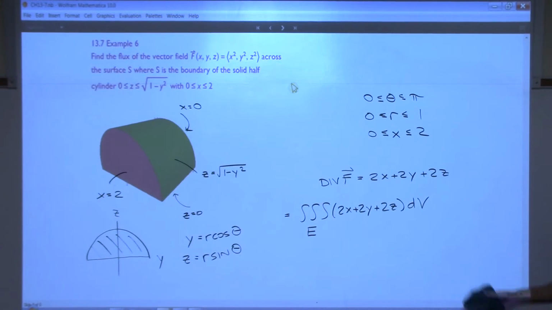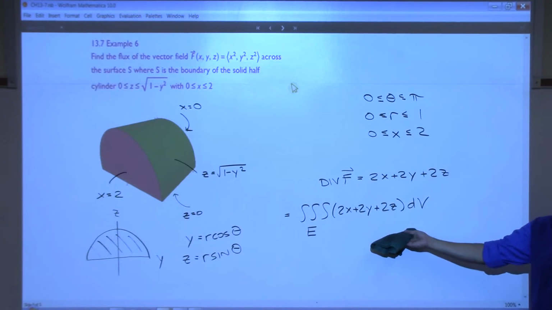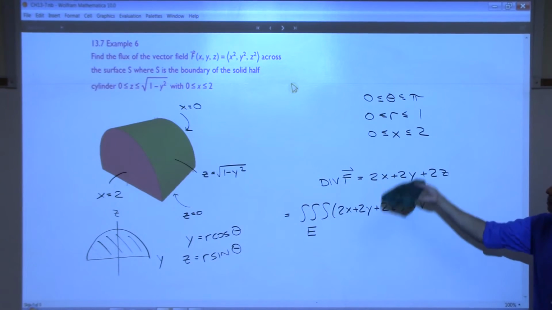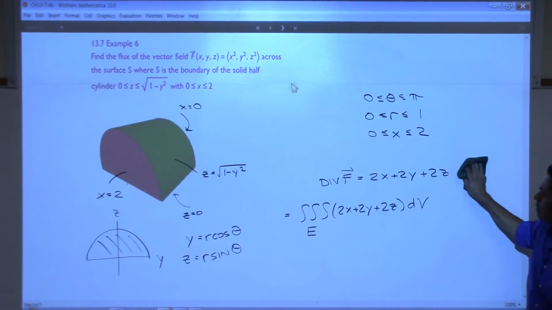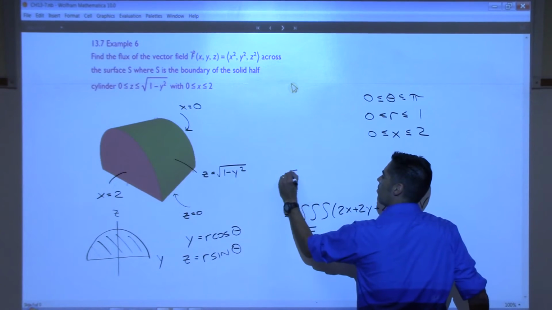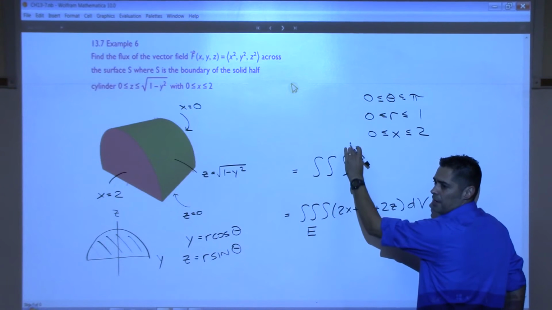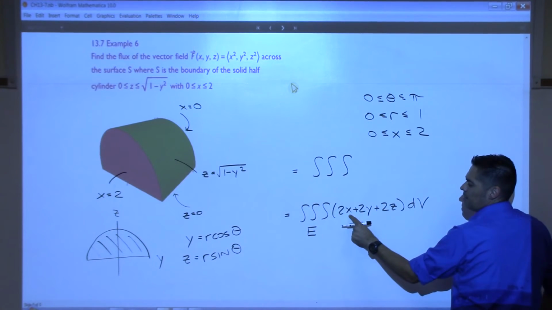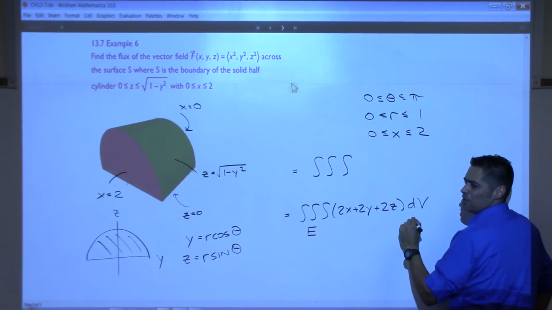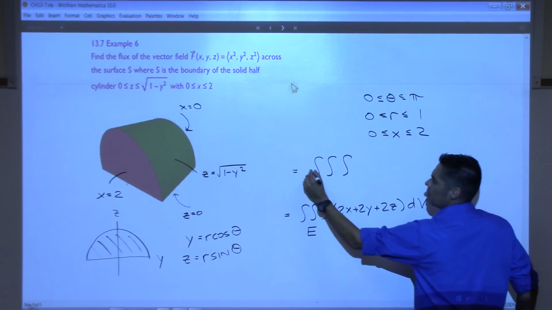All right. So I'm just going to rewrite this triple integral with those variables. I'm going to put my limits of integration on here in just a second. 2 times x is just, well, can I pull a 2 out of everything? Okay, 2.